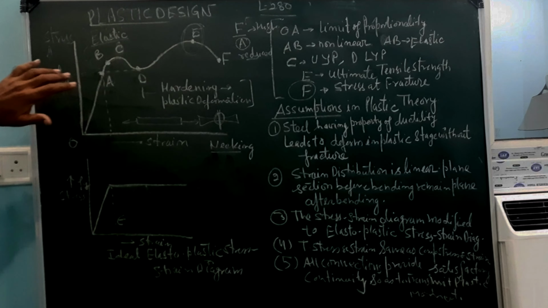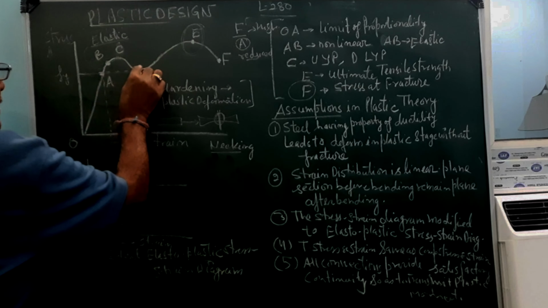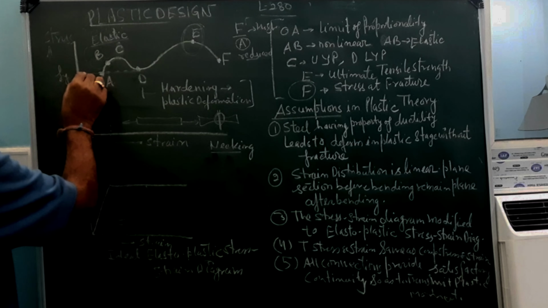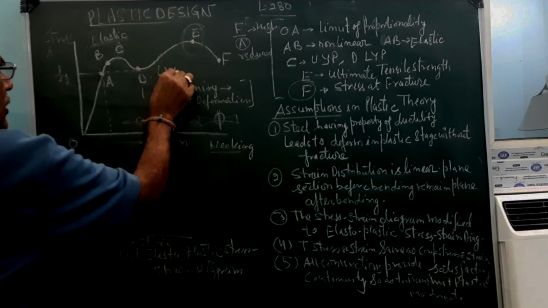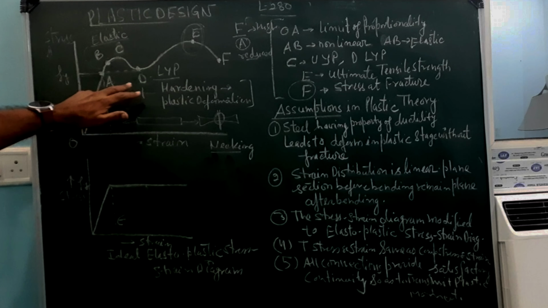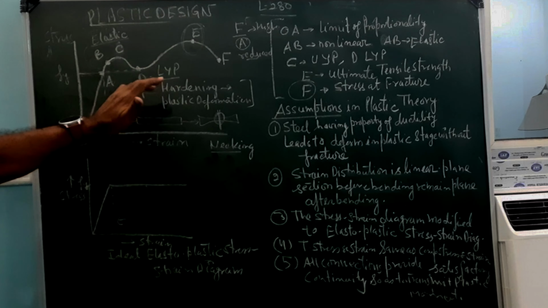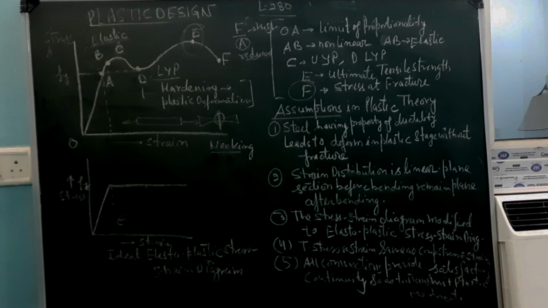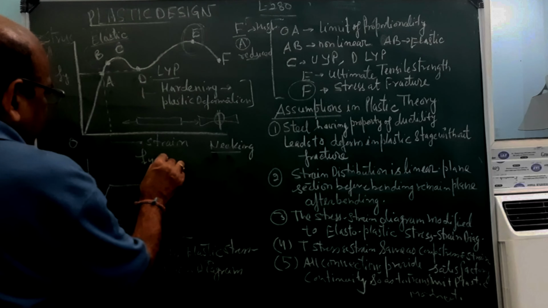Then what will happen if we are designing the material with respect to this lower yield point? We are taking the stress at the lower yield point. This is your lower yield point. With the lower yield point, for the workable stress, we divide by some factor of safety. The lower yield point is Fy, which means yield stress.